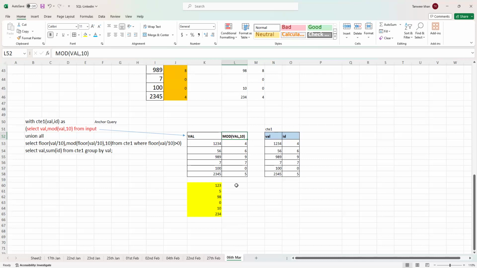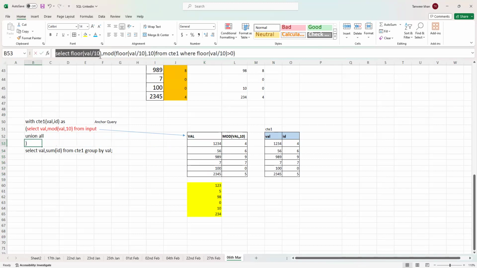In order to extract the 10th digit, you have to perform two tasks. First of all, you have to remove the unit place. So automatically the 10th place will become the unit, or it will be exposed, right? So that is what I'm trying to do here. I'm trying to remove the unit place, and for that I'm using the floor function.